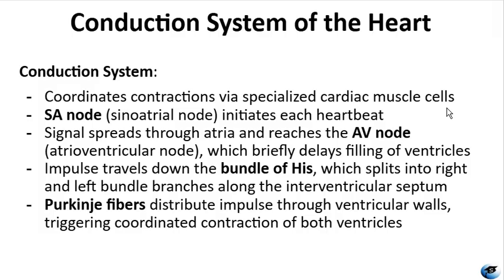And then from the AV node, the electrical signal travels down into the bundle of His, which splits into the right and left bundle branches that run along the interventricular septum. And then finally the electrical impulse is distributed by the Purkinje fibers throughout the ventricular walls, and this triggers a coordinated contraction of both ventricles, and this pumps the blood to the lungs and to the rest of the body.